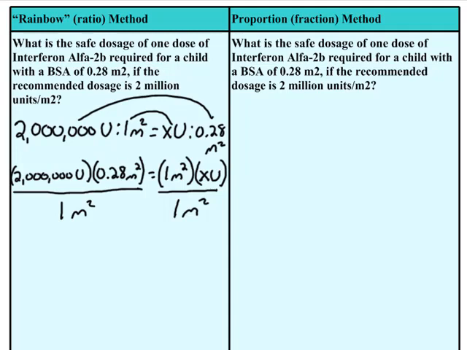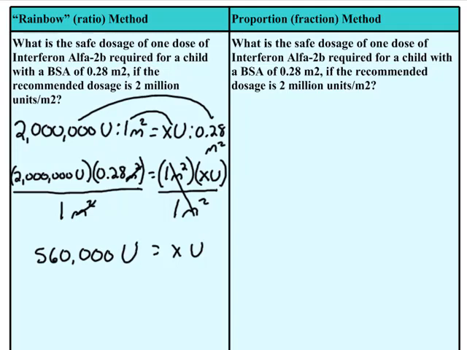In doing so, that leaves x units by itself on one side of the equation. Meter squareds cancel out on the left-hand side, and we need to multiply 2 million units times 0.28 divided by 1. When we do this calculation, we see that we get 560,000 units as a safe dosage for our patient.